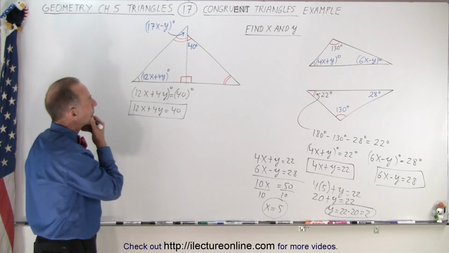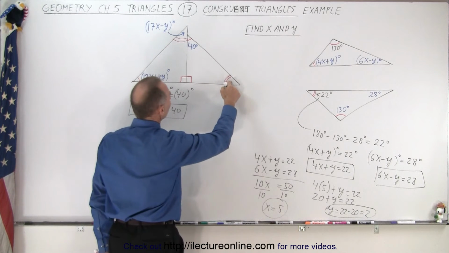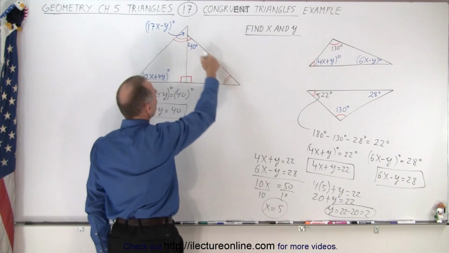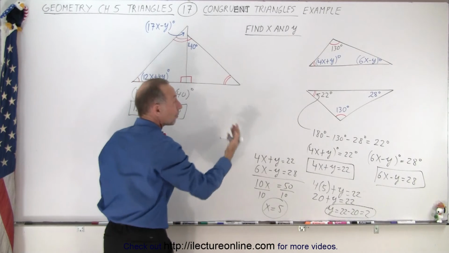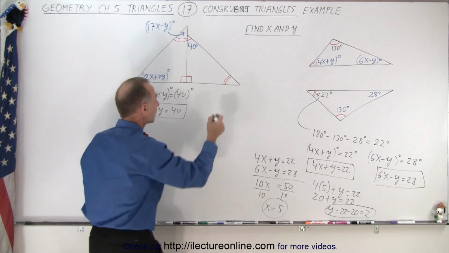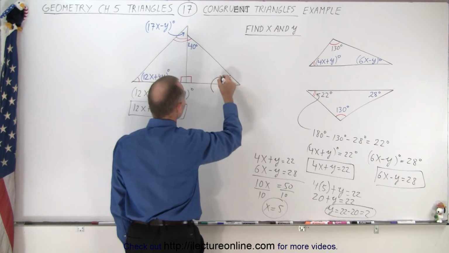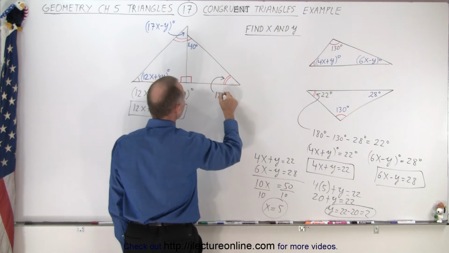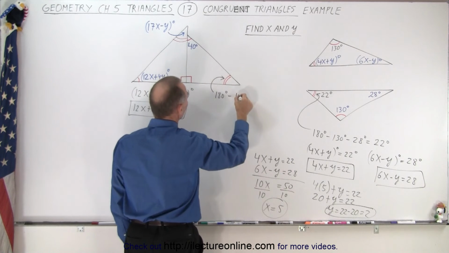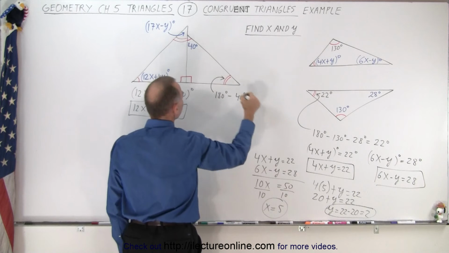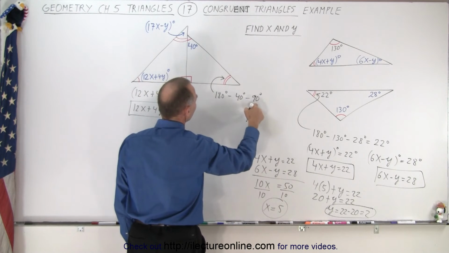But then, notice, I can figure out what this angle must be equal to, because based upon what we know about triangles, the sum of all the angles must add up to 180 degrees. So then this angle here can be said to be 180 degrees minus 40 degrees minus 90 degrees. That's minus 130 degrees.